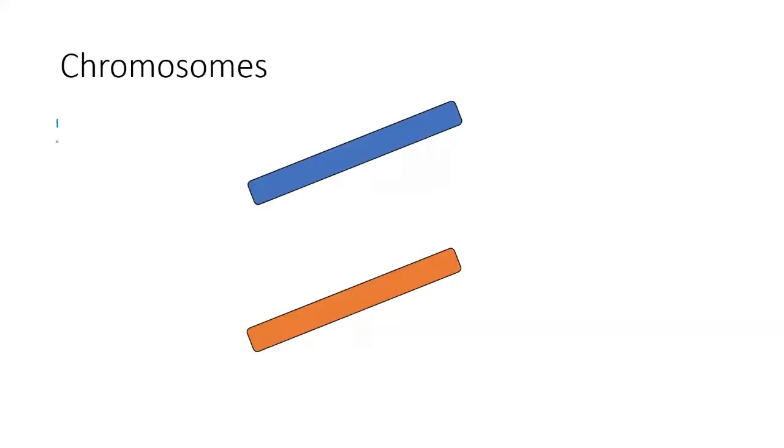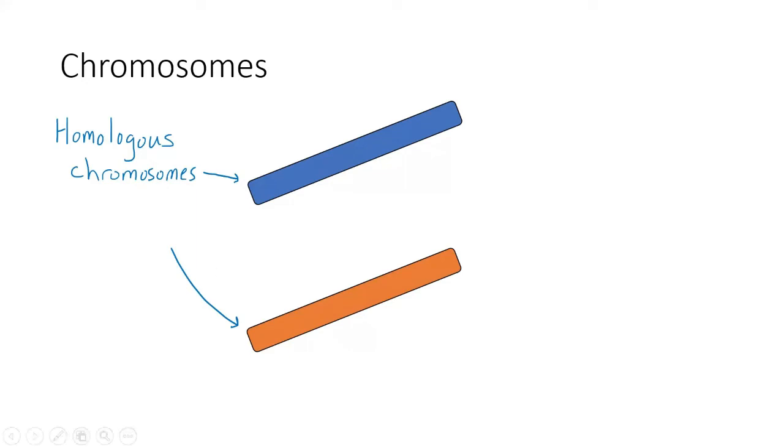Well, you remember that chromosomes come in pairs, and what we have here is a homologous pair of chromosomes. It's going to be important that you remember the difference between homologous chromosomes and sister chromatids. Homologous chromosomes, we got this chromosome from dad, and we got this chromosome from mom. They're similar, they contain the same genetic information, but different versions or different alleles. So that's homologous chromosomes.